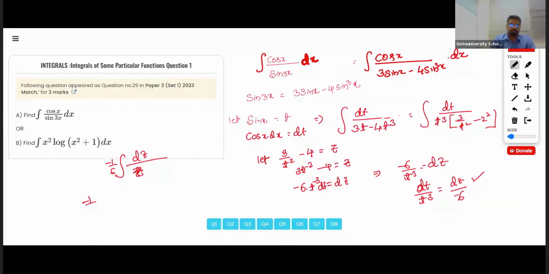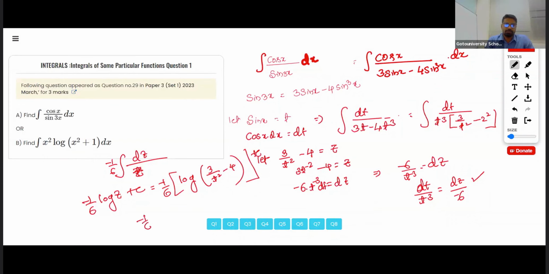So the problem is minus 1 by 6 log z plus c. What is log z? Logarithm of what? Z means how much now? 3 by t square minus 4. Yes. Plus c.